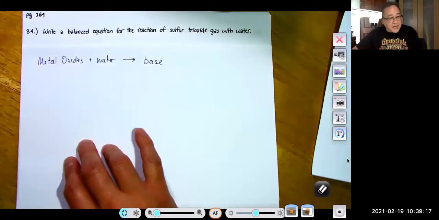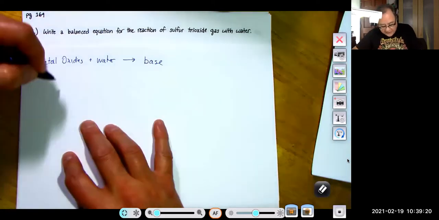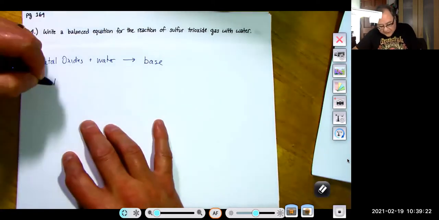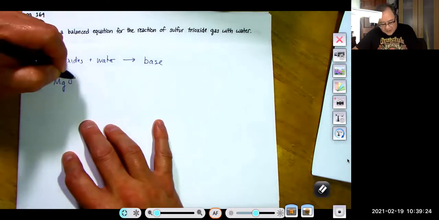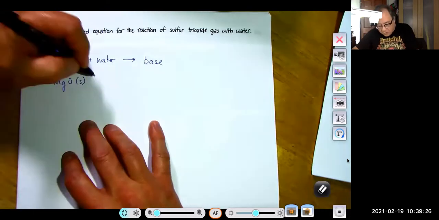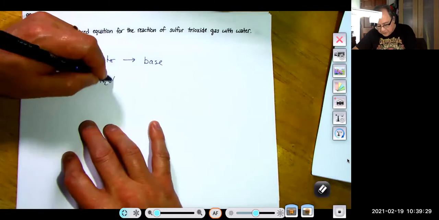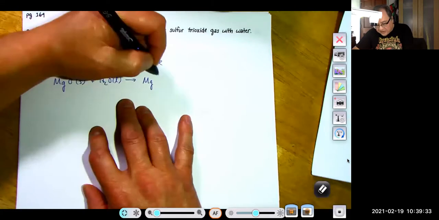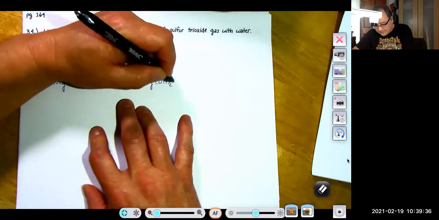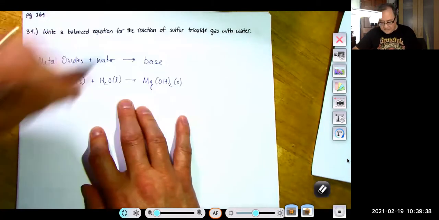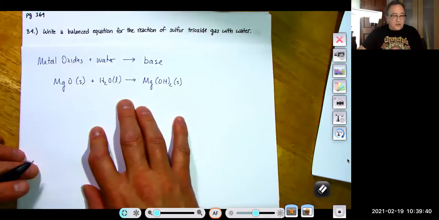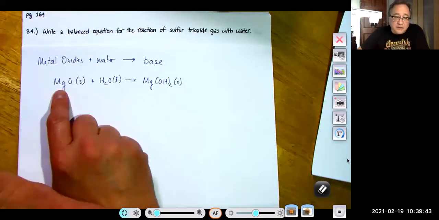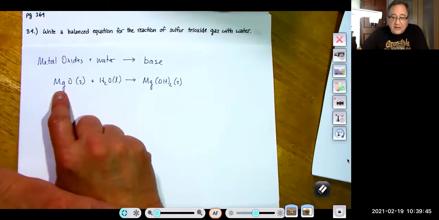So for example, a metal oxide would be magnesium oxide, and it's a solid. And when you react it with water, you can actually get magnesium hydroxide. If you look at the solubility rules for magnesium oxide, there is nothing governing magnesium, and our book tells you oxides are not soluble.